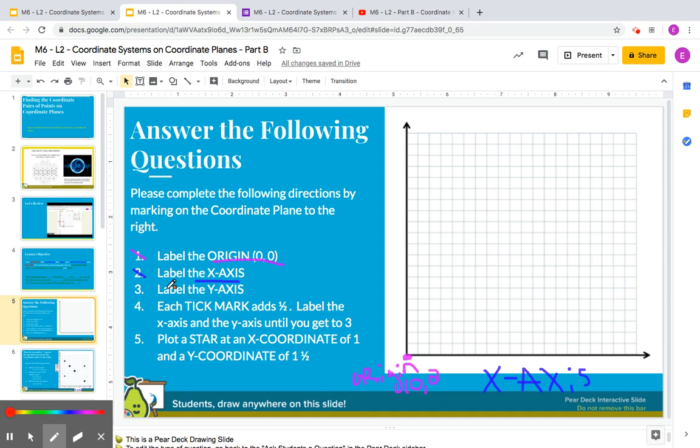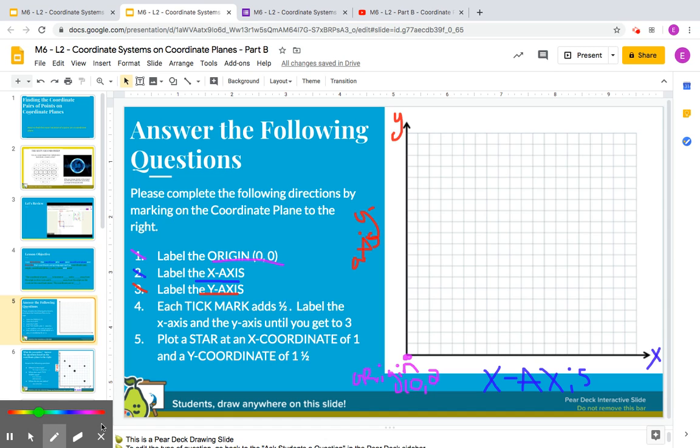Now I have to label my y-axis, my vertical line, or how far up. I'm going to do my y-axis up here, and that's how far up I'm going. Sometimes you'll see a y at the top here, and an x over here, which is telling you the same thing. This is my x-axis, this is my y-axis.